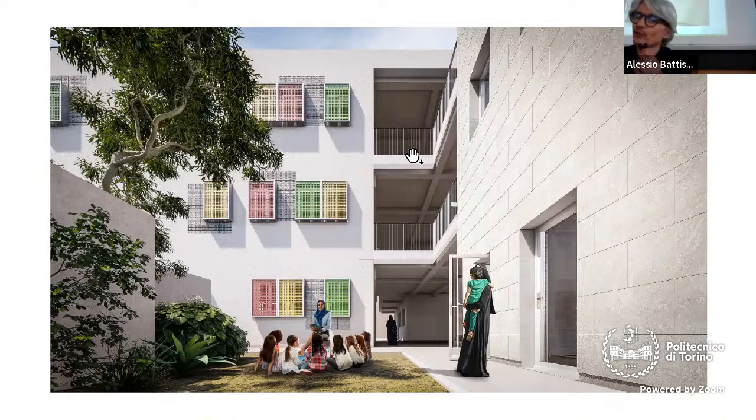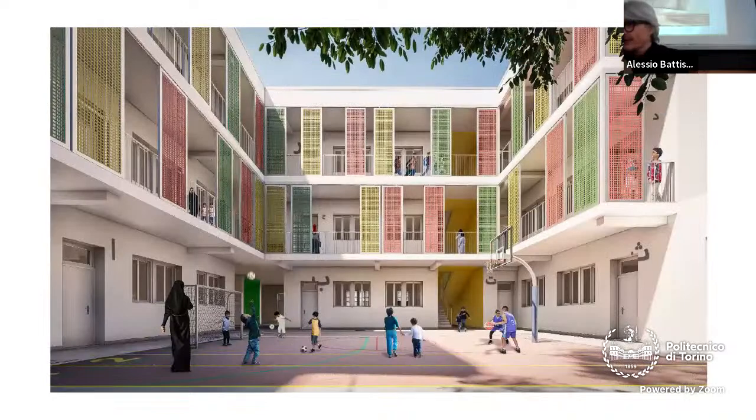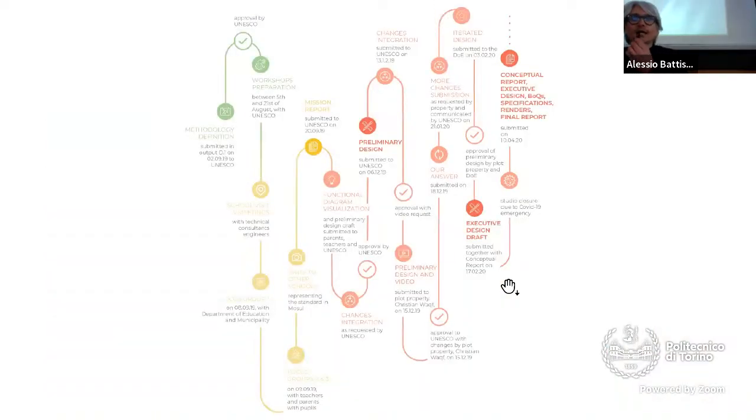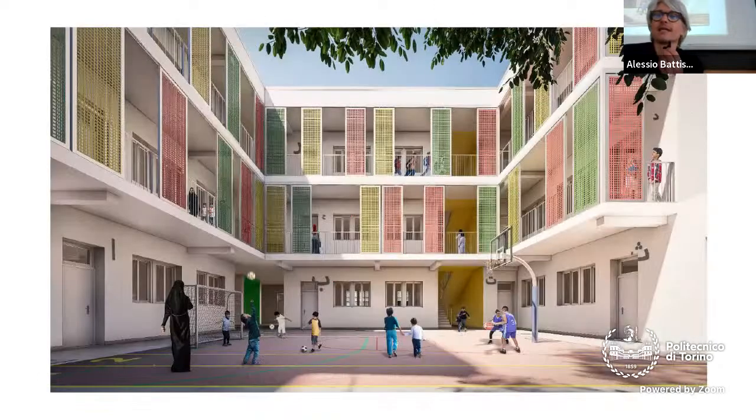Also in the corridor, we have a lot of space that became open outdoor classroom. And this is the playground with this screen, which is movable, so you can move it according to where the sun is moving. So this is the building.